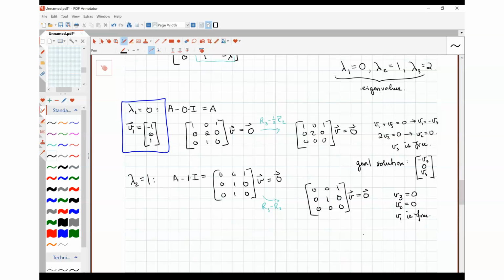So that means our general solution, if you like to write those down, is V1, 0, 0. And so I'll take as my second eigenvector, you can probably guess, 1, 0, 0.